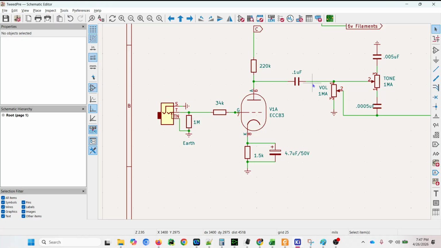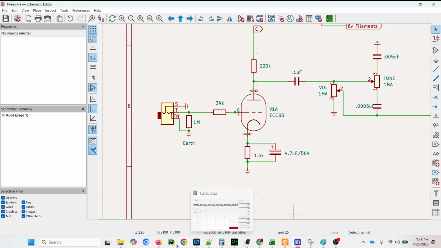Now, there are ways that we can go about lowering the output impedance of our tube preamp, and one of the ways is with something called a line matching transformer. Its whole purpose is to allow you to take the output of a device and put it into an input device that needs a different impedance in order for you to maintain your signal integrity.